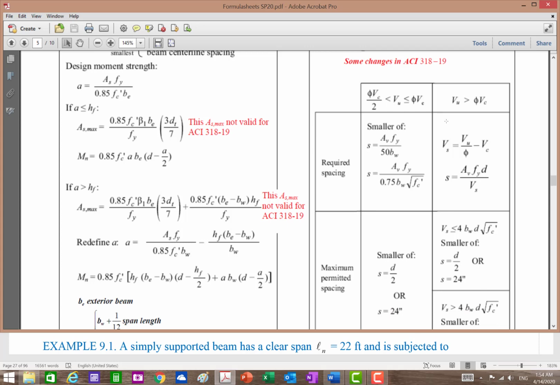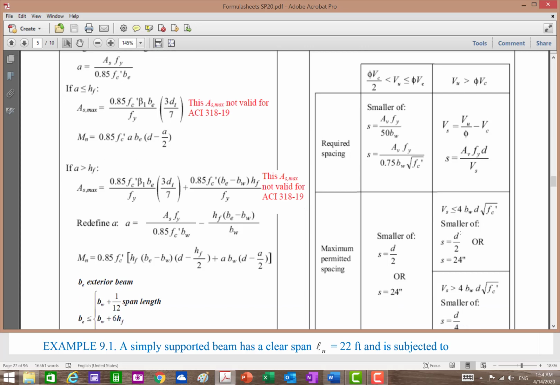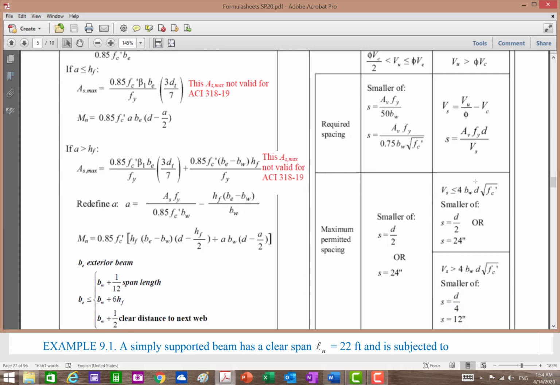And then when you exceed Vu, you have to find your s, but you again have two maximums, depending on whether you are below the 4, which is this case, or greater than the 4, which is this case.